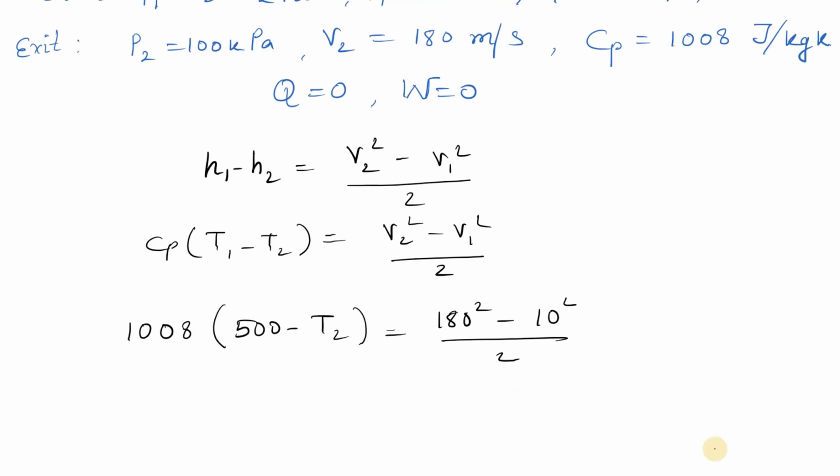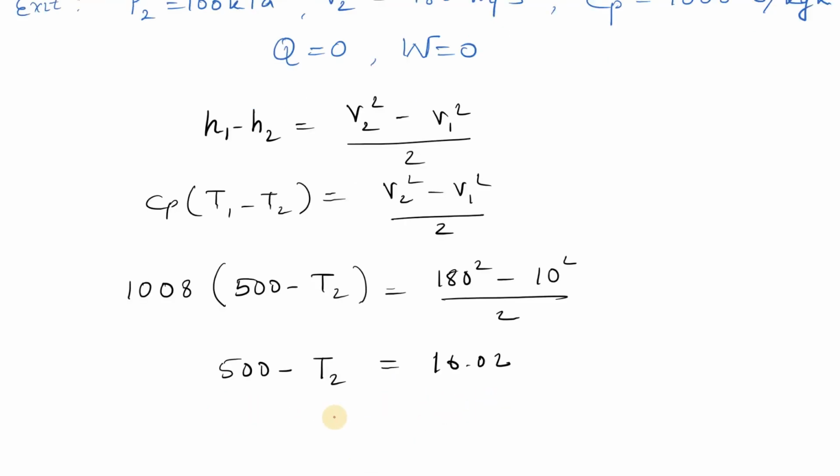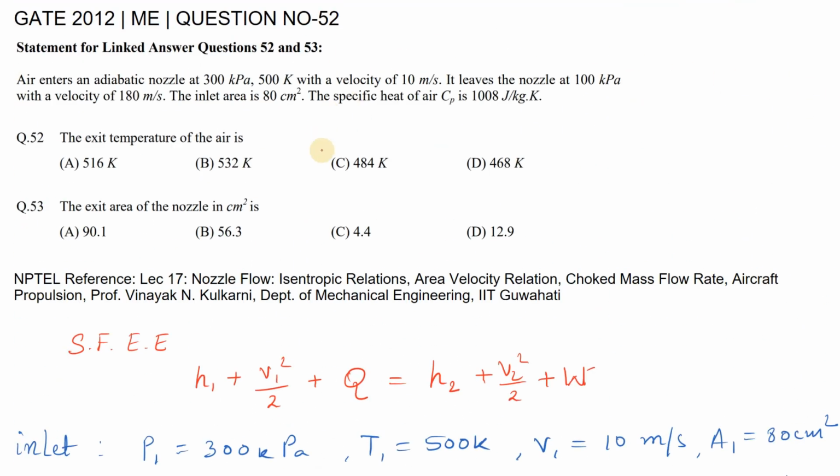After calculation, 500 minus T2 will be 16.02, so T2 will be equal to 483.97 Kelvin. Among the given options, option C is the correct choice.